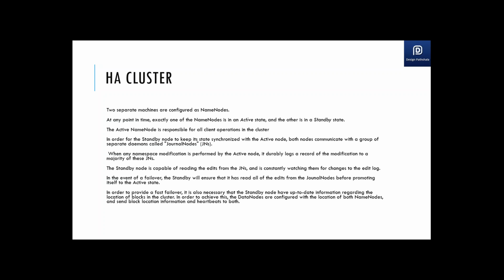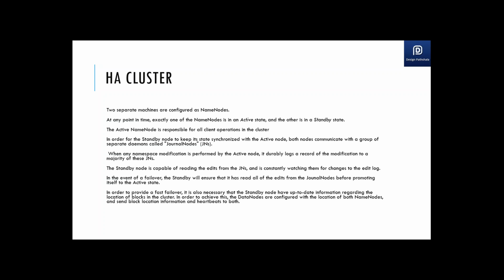Also, data nodes keep sending the state of the blocks they have. In this HA cluster, data nodes send their information not only to the active node but also to the standby node. So when the active node goes down, the standby node has all that information, other than the information passed from the name node.